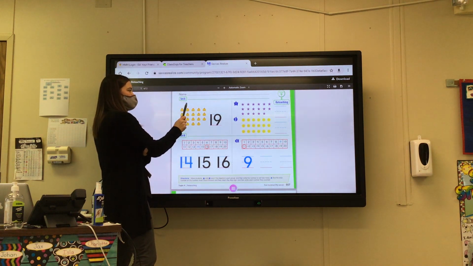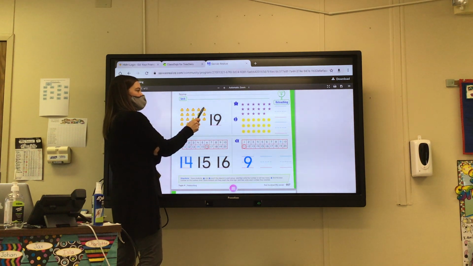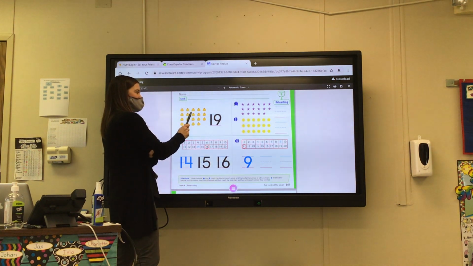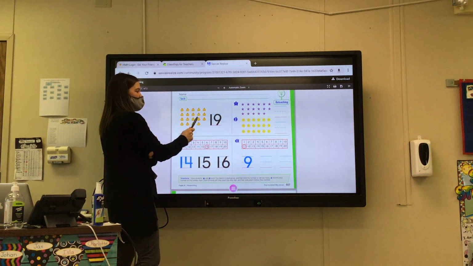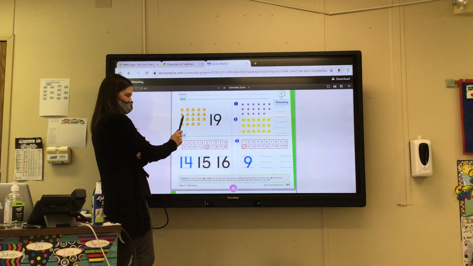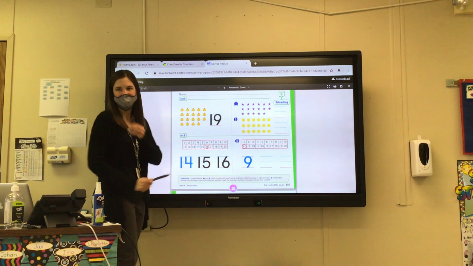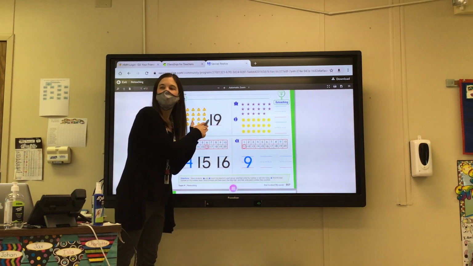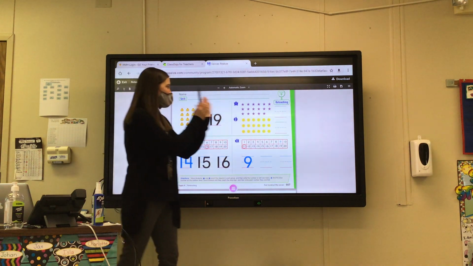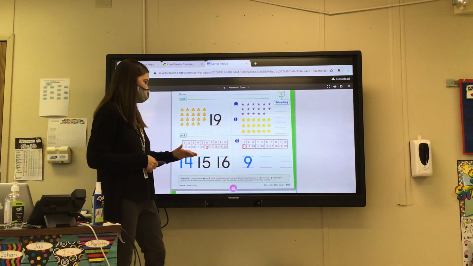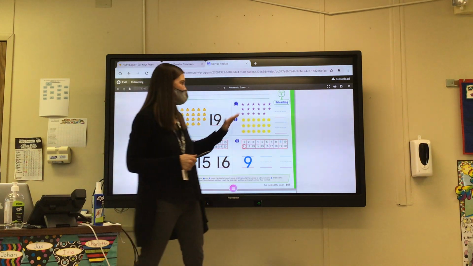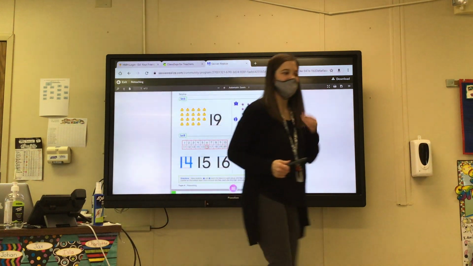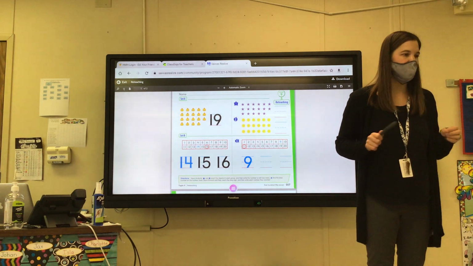Ready? 1, 2, 3, 4, 5, 6, 7, 8, 9, 10, 11, 12, 13, 14, 15, 16, 17, 18, 19. And they wrote the number 19. Now for number 1 and number 2, you're going to count the objects in each group and write the number next to it to tell how many. So go ahead and do number 1 and 2.